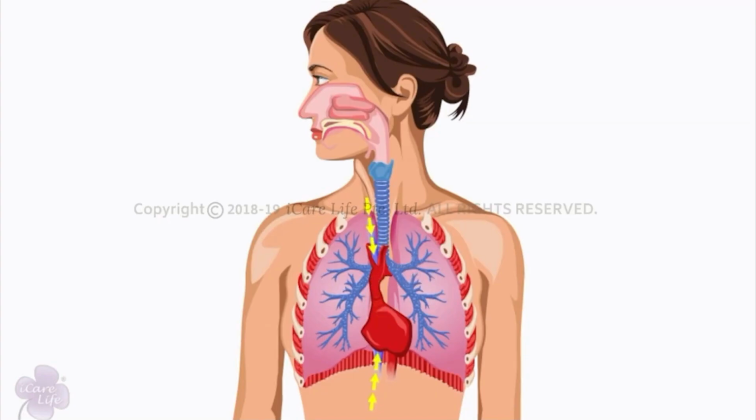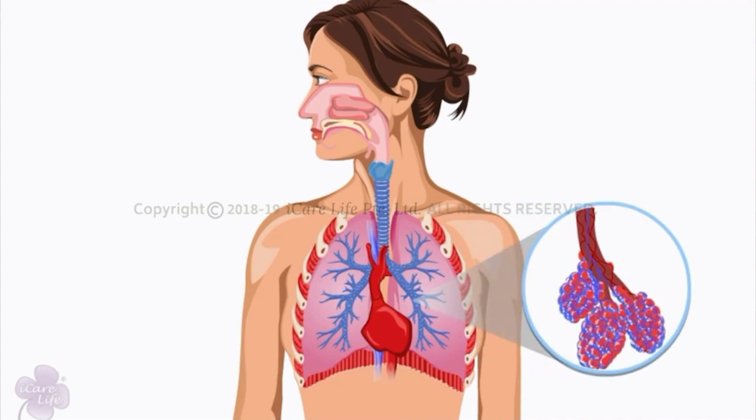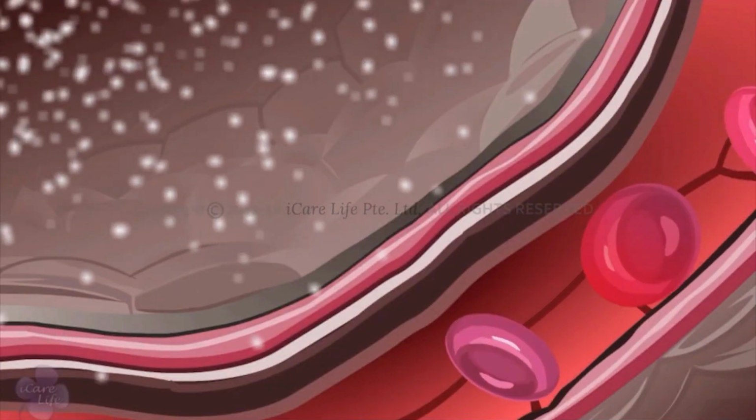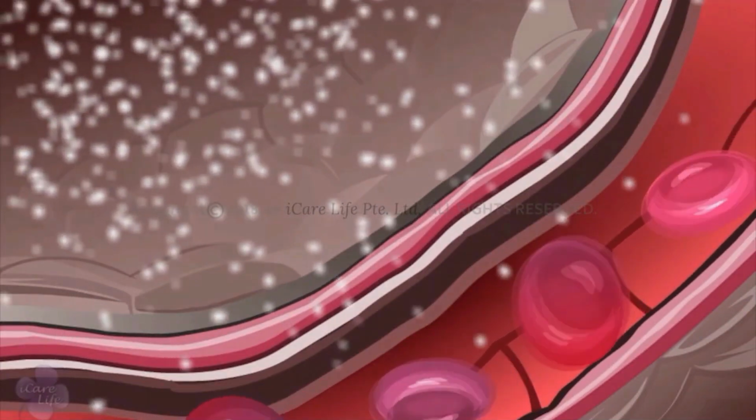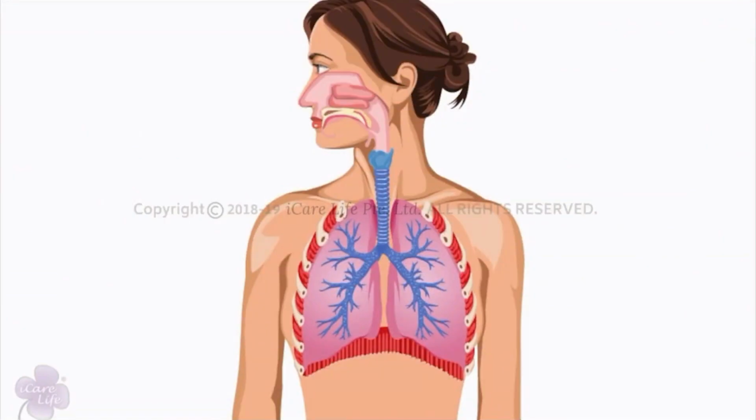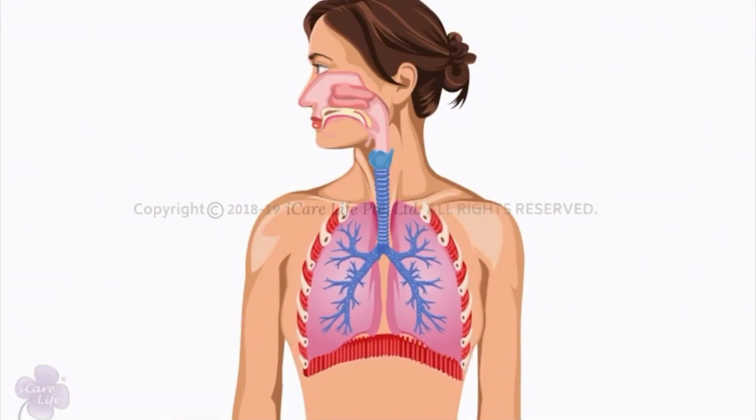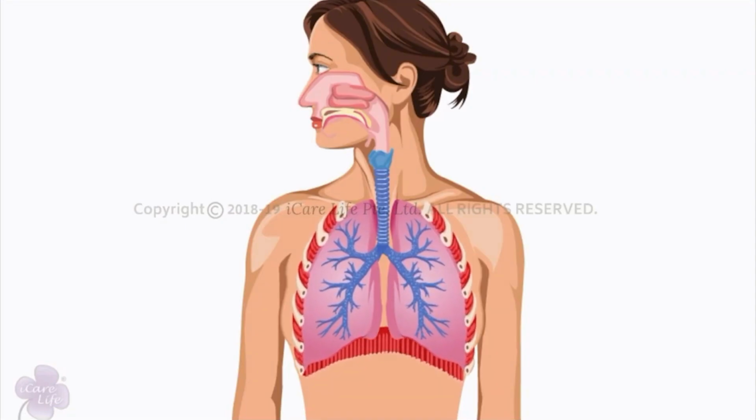Meanwhile, the red blood cells carry carbon dioxide from different parts of the body and reach the heart. Then, the carbon dioxide is sent by the heart to the capillaries in the lungs and released into the alveoli. When we breathe out, the lungs squeeze and the diaphragm relaxes and moves up, pushing the lungs up to throw out the carbon dioxide.